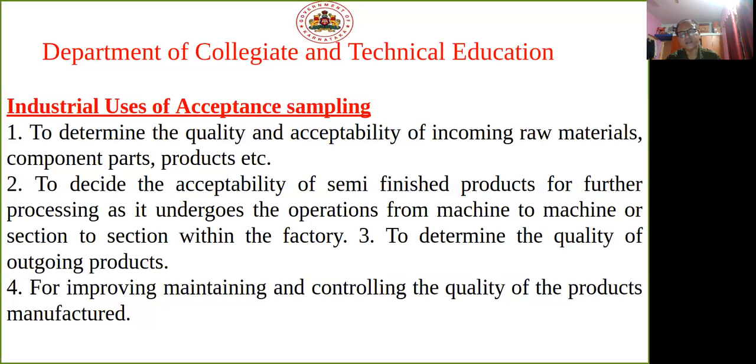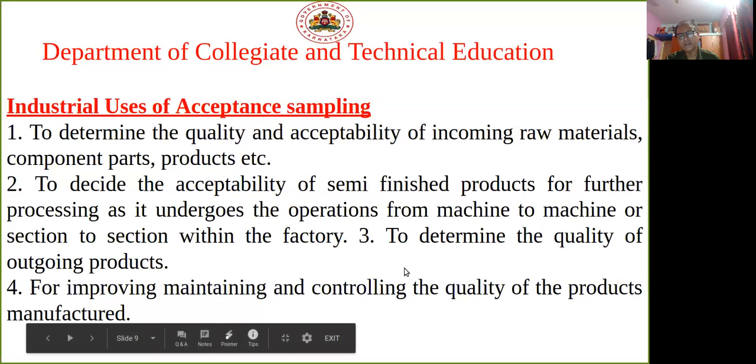No, it is the inspection method we use starting from the raw material, the components manufactured outside, the products manufactured outside, to the finished and semi-finished. Even the semi-finished products can be checked or inspected by means of acceptance sampling before they go from machine to machine.